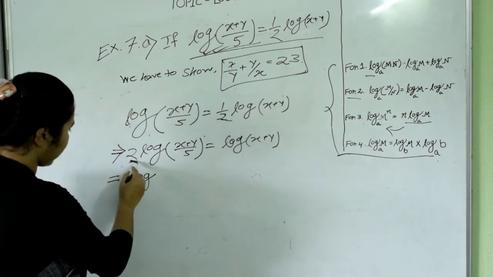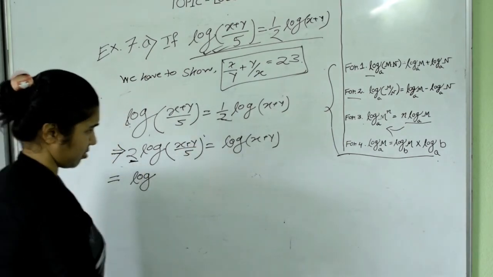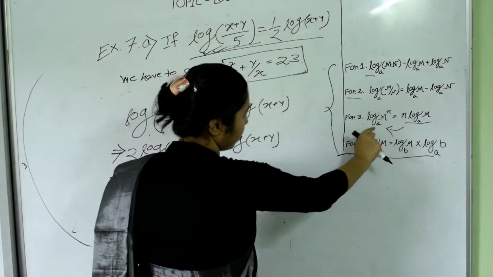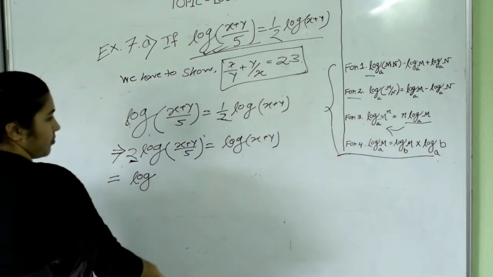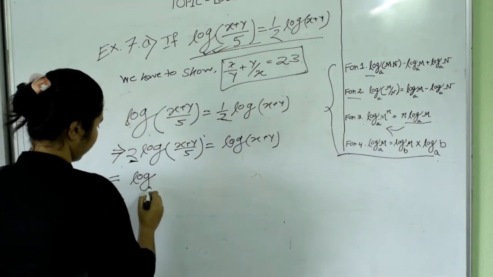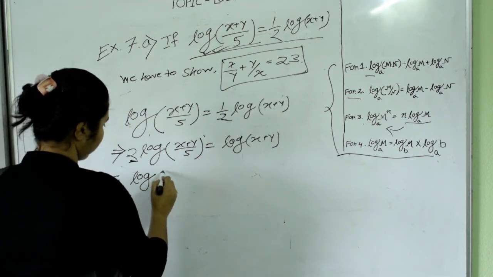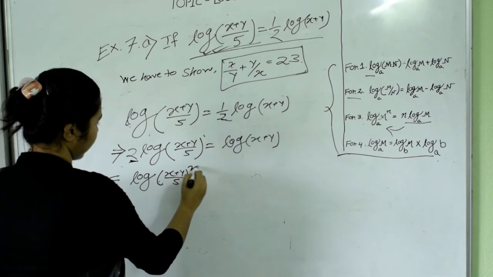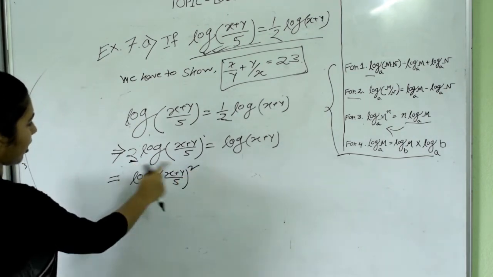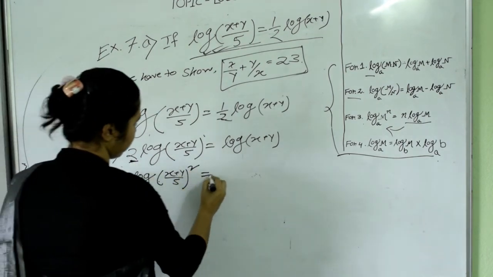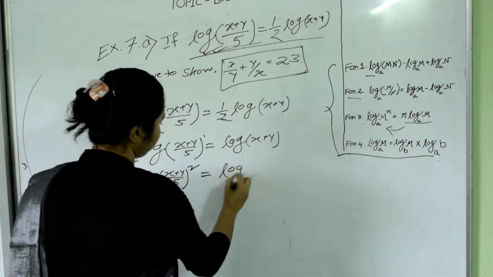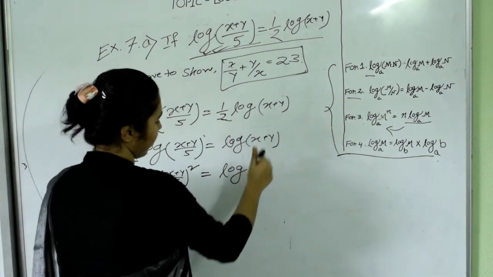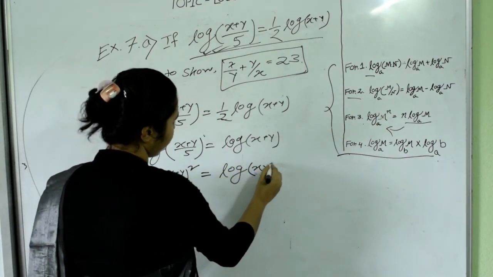So take this 2 as power and write this expression. So m is x plus y divided by 5 and take this 2 as power. Here also log x plus log y, we can write it as log of x into y.